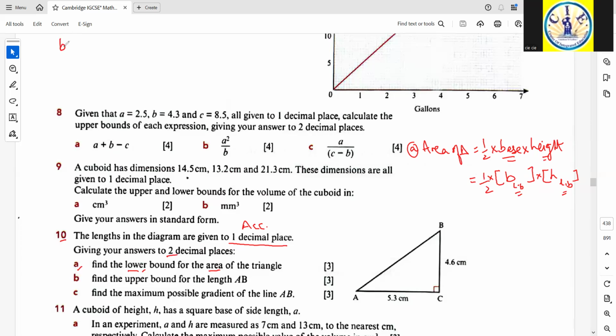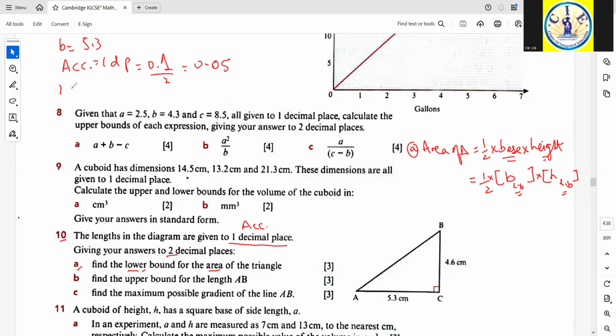Let me take the base as 5.3, and the accuracy is one decimal place, that means 0.1. According to the standard procedure, I need to divide this by 2 to have 0.05.